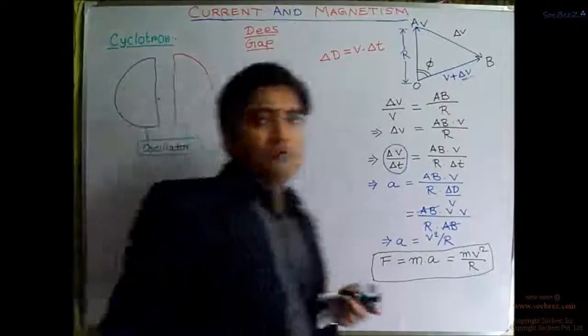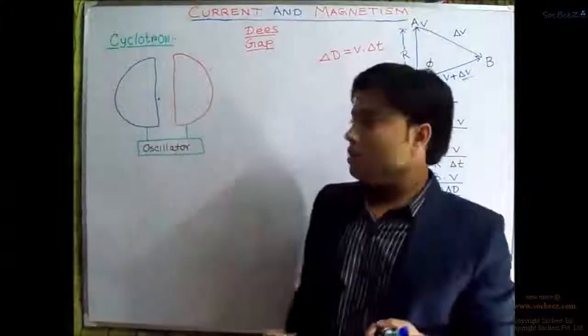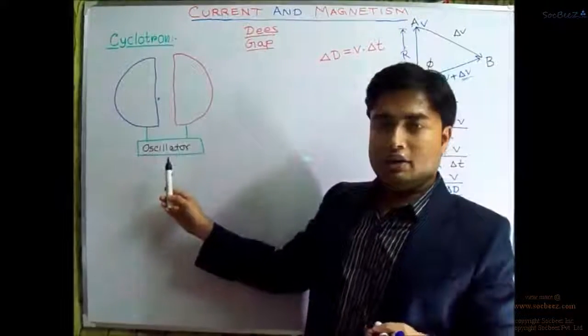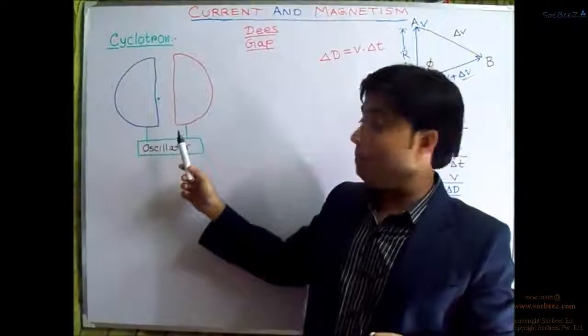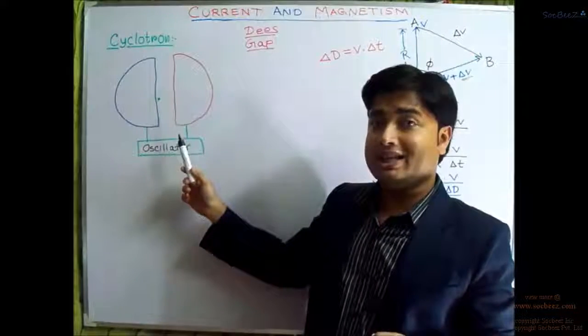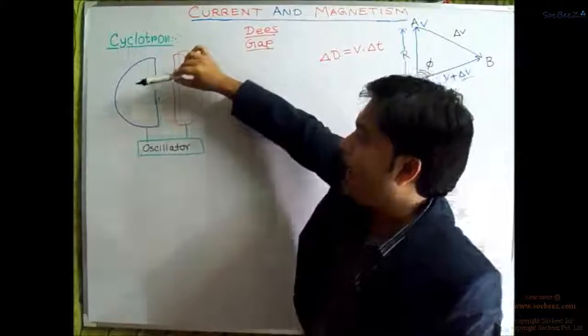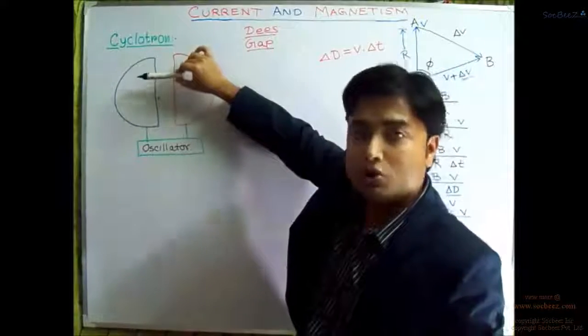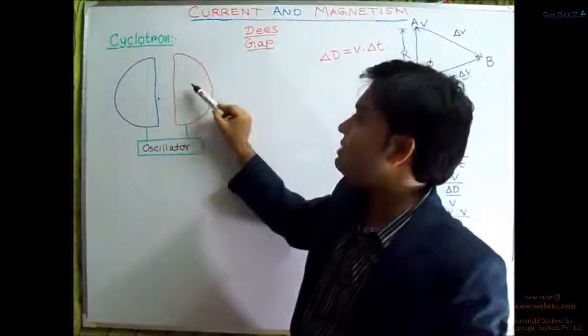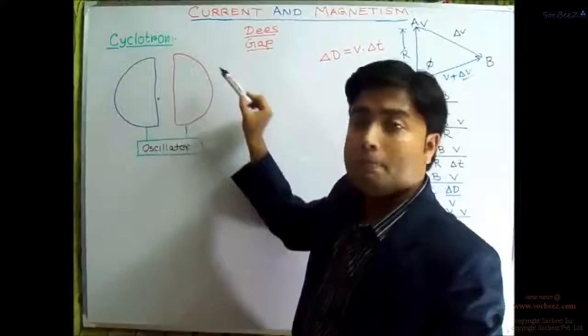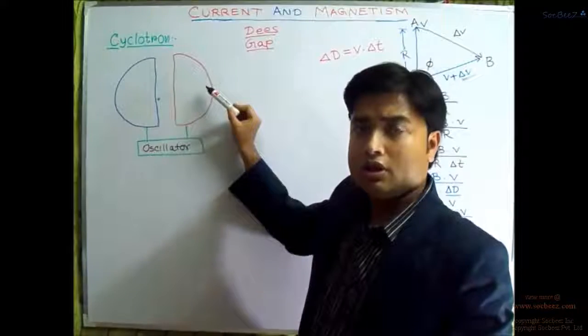Now what is the work of an oscillator? First of all, this oscillator actually changes with time. Say for example, at time t equals 0, this plate seems to have positive charge.